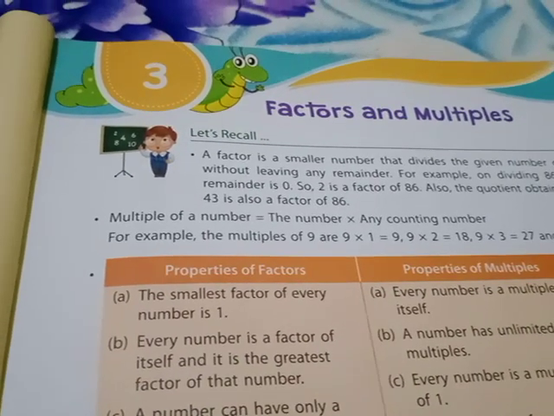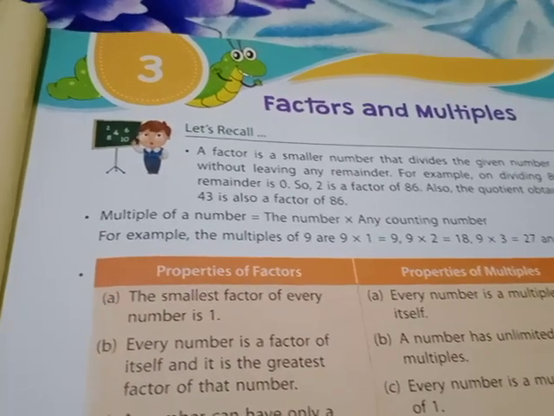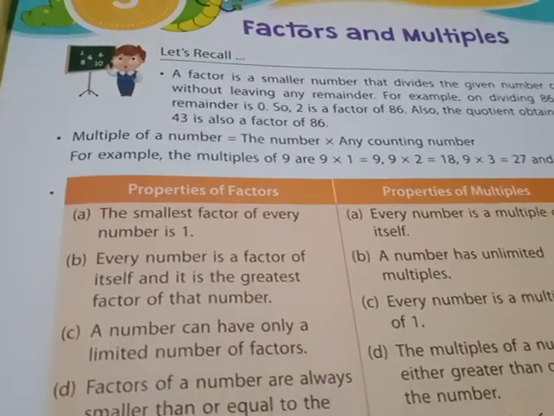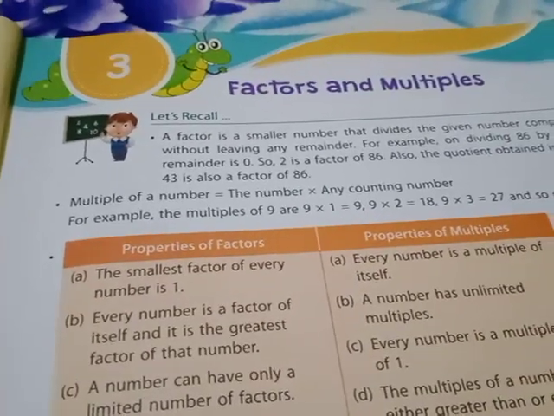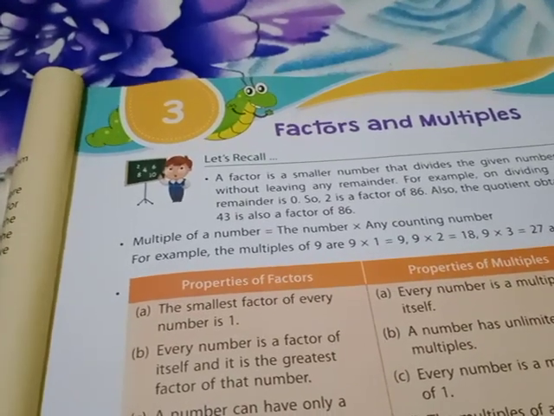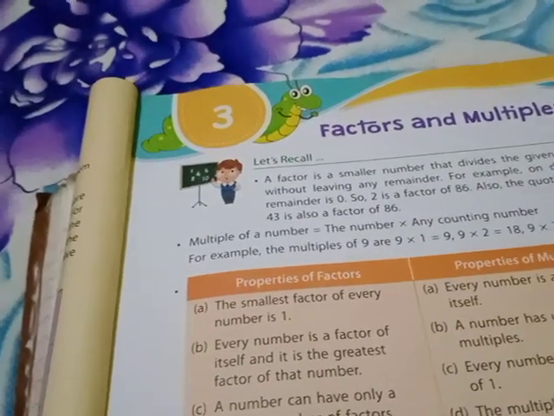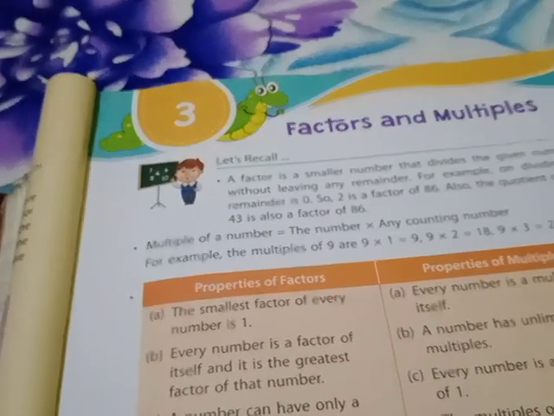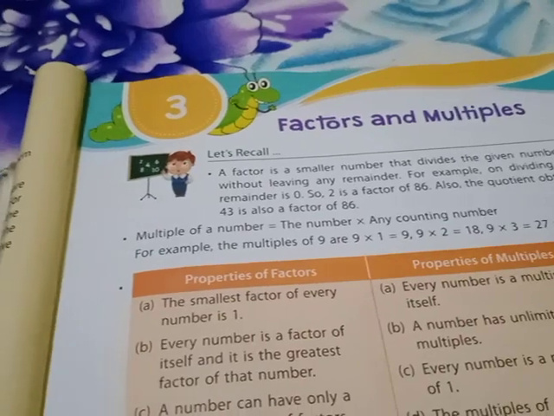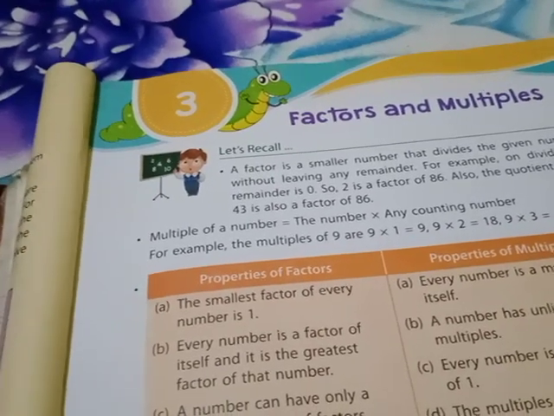All those answers will be considered as the multiples of 48. Are you getting my point or not? Multiples means whosever multiples are asked, you will just count the table of that number. In that table, whatever numbers are coming, all those numbers will be considered as its multiples.